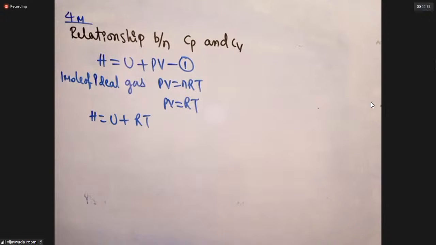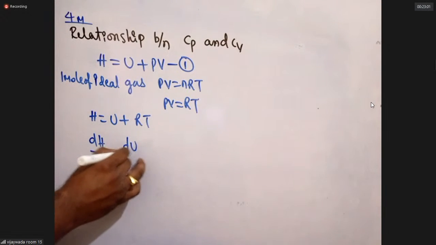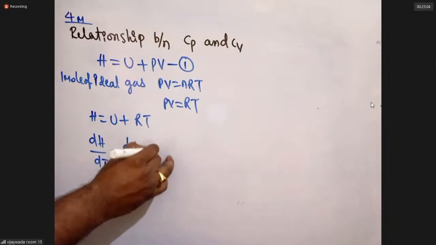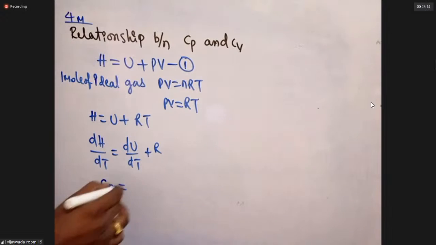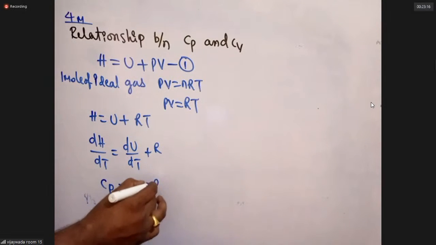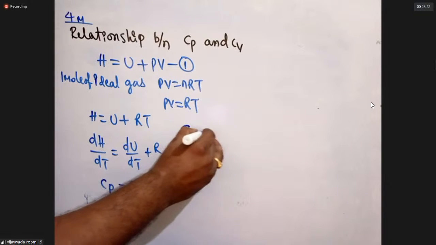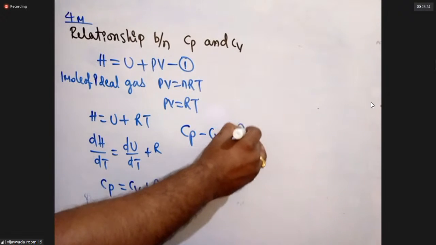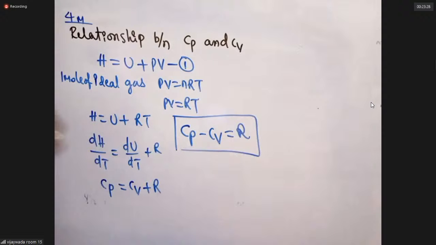Differentiate with respect to temperature. dH by dT equal to dU by dT plus R, since dT by dT is 1. dH by dT is Cp, and dU by dT is Cv. So finally, the relationship between Cp and Cv: Cp minus Cv equal to the gas constant, Cp minus Cv equal to R.